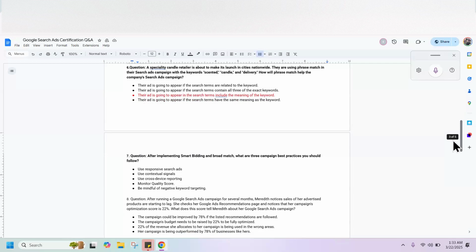Okay. Quality score and contextual signal. Okay, the first and the last two. Responsive search ads. What are three campaign best practices you should follow?